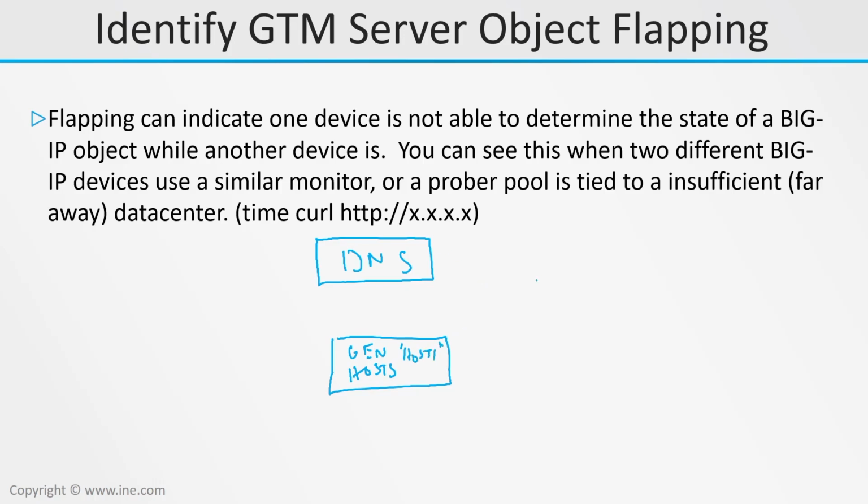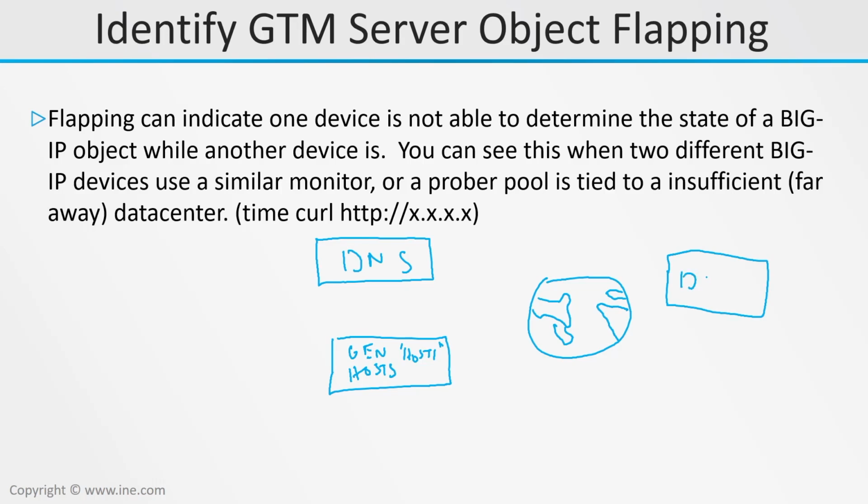And then basically all the way across the continent, pretty good drawing, right? Basically across the continent is our other DNS device.